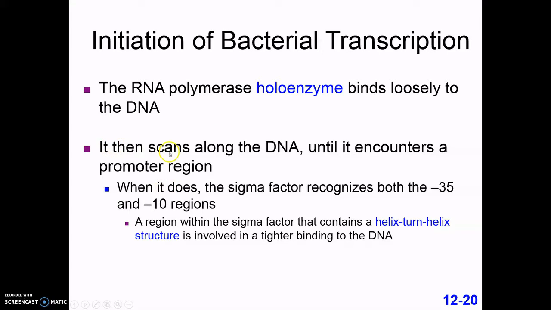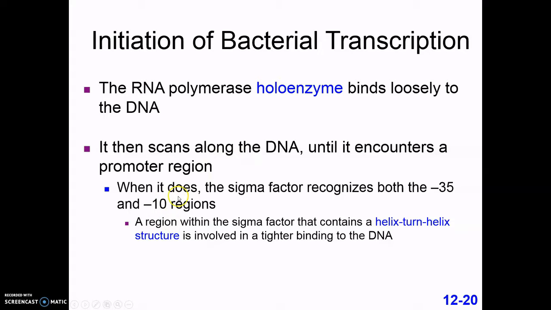It will move down the DNA until it encounters a promoter region. When it does encounter a promoter region, the sigma factor subunit will bind the -35 and -10 regions, and it will cause the holoenzyme to pause. That pausing activity is what allows the holoenzyme to start the initiation process.